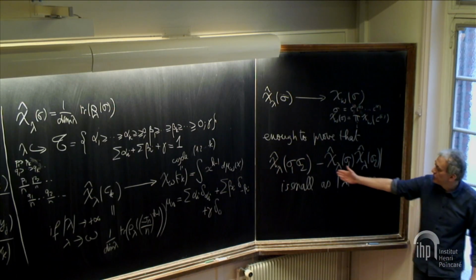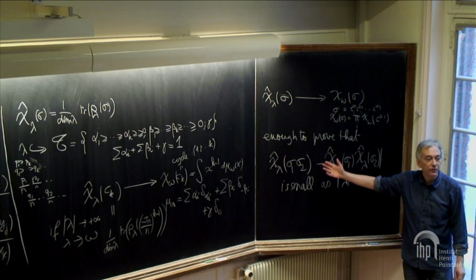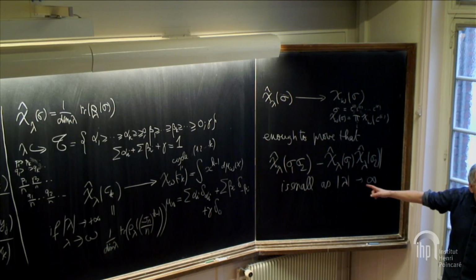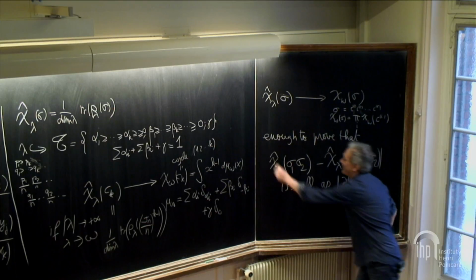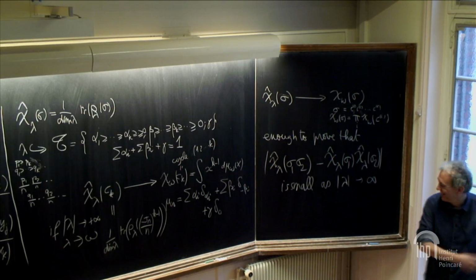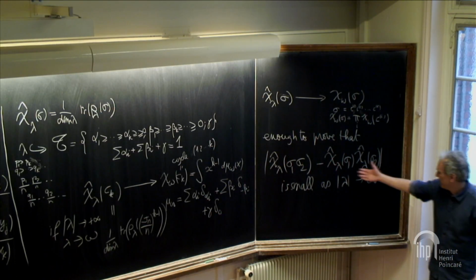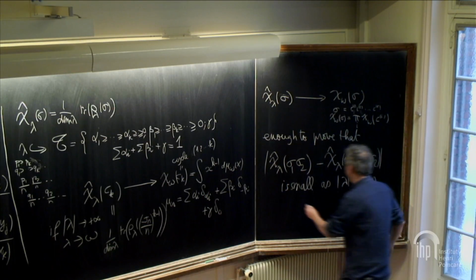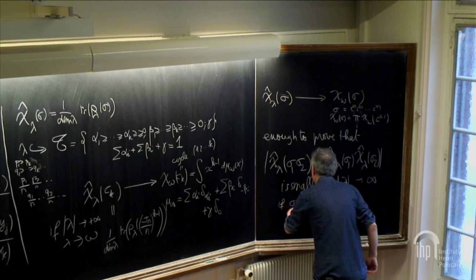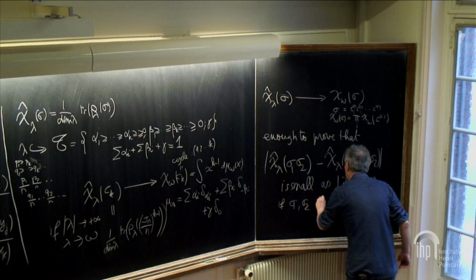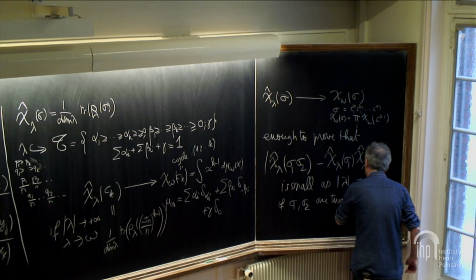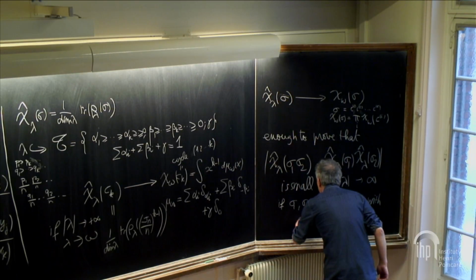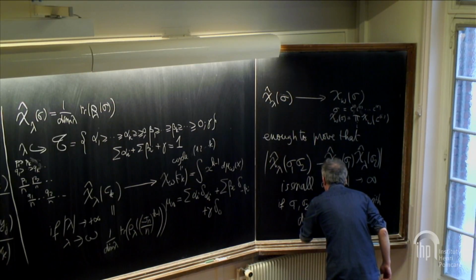I will prove that this quantity... Excuse me? You have a question? Yes. Right. Okay, the absolute value, or I mean, this quantity. What I will prove is that this quantity is small if sigma 1, sigma 2 are two permutations with disjoint support.